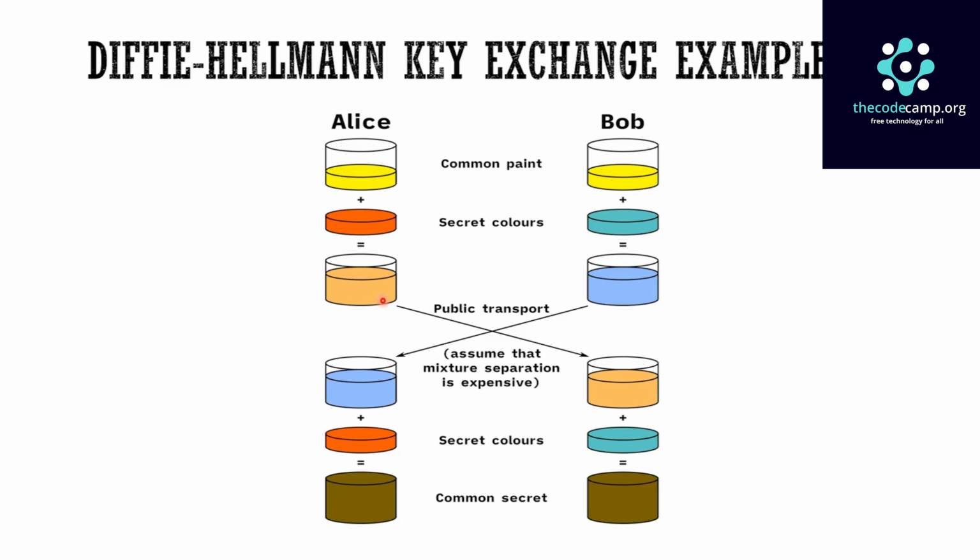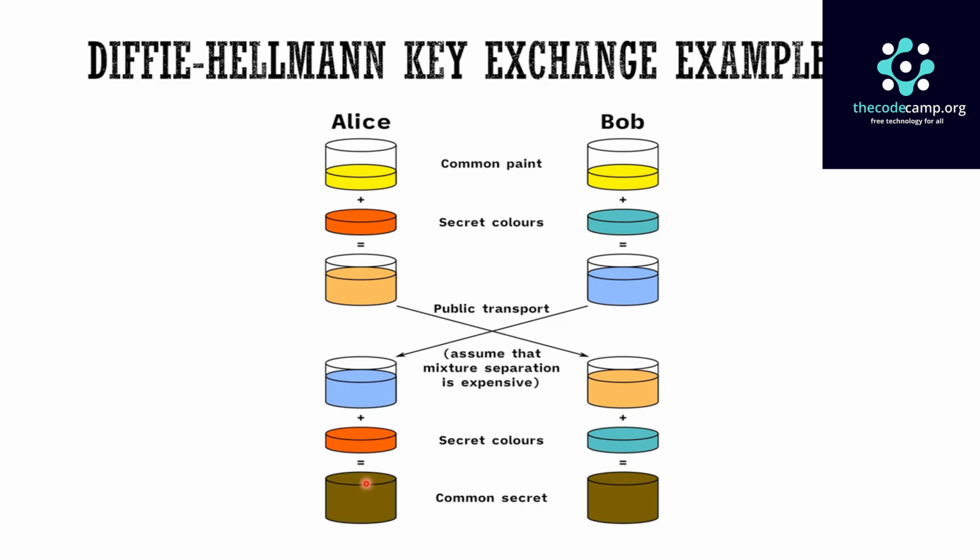Now, Alice has Bob's public key and her private key. When you mix them together, you get this icky brown color. But that's the common session key. Same thing with Bob. He takes Alice's public key and his private key, mixes them together, and you get the exact same icky brown.